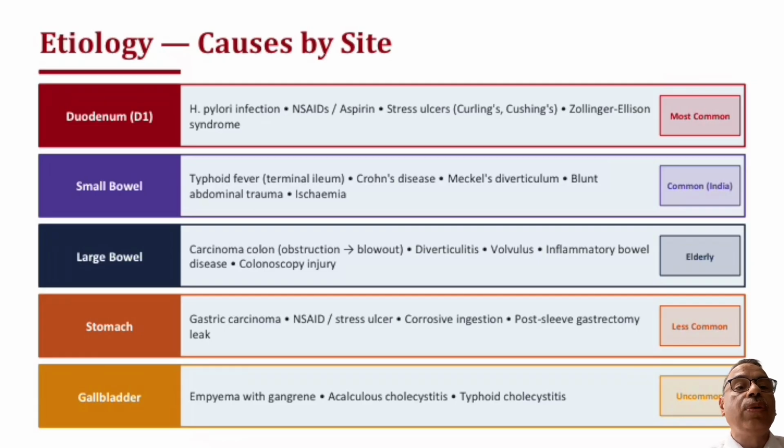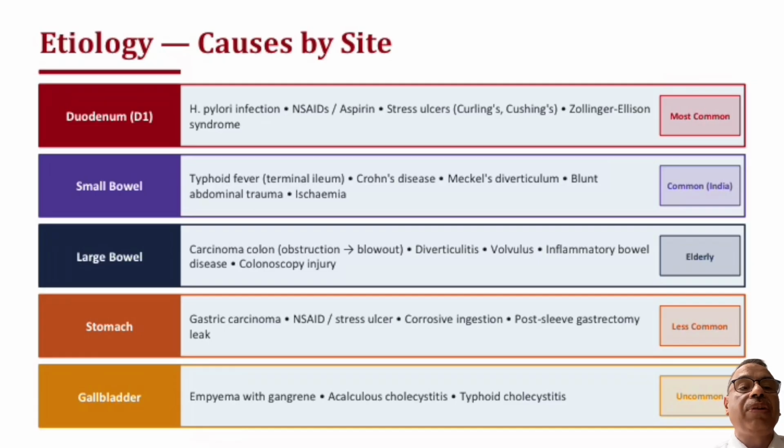It would also lead to compromised blood supply, leading to ischemia, and this can cause a blowout or a perforation of the bowel. In fact, it is a golden rule that any elderly patient who comes with acute intestinal obstruction followed by signs of peritonitis, and that is his first episode, carcinoma colon should be ruled out as one of the important causes of this complication.